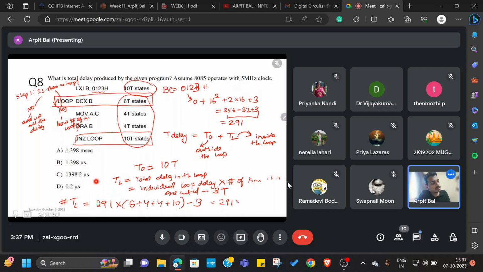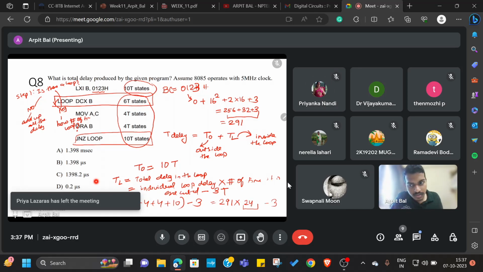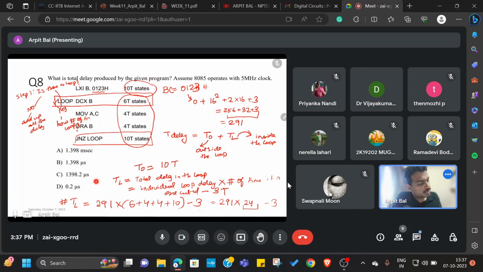What is this value? It is 24 minus 3, that is equal to 6981 T states.